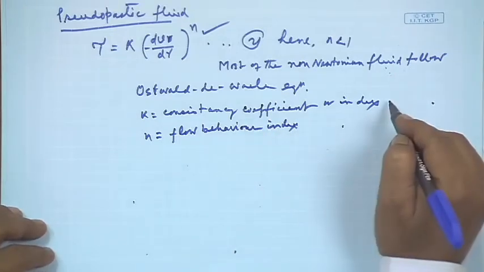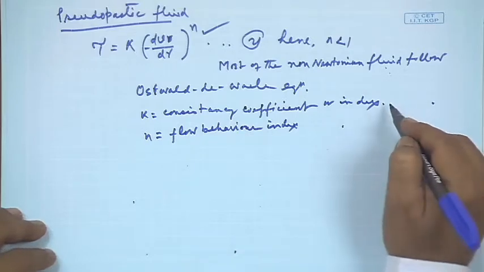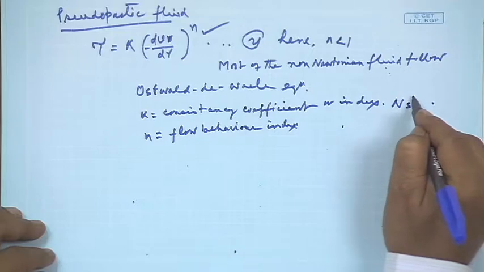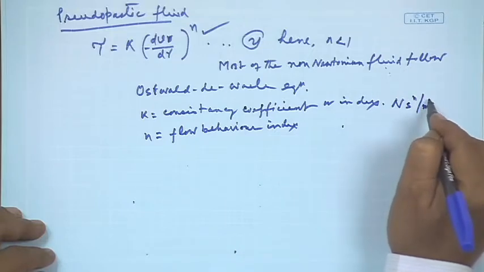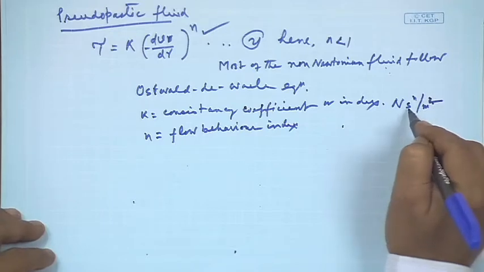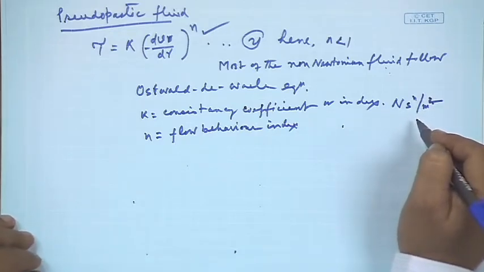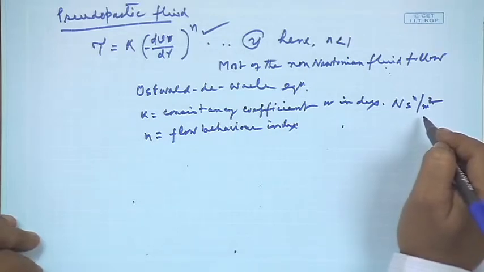The unit of K is Newton second to the power n per meter square, and n is the flow behavior index.